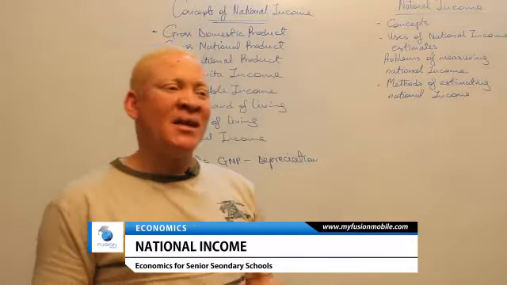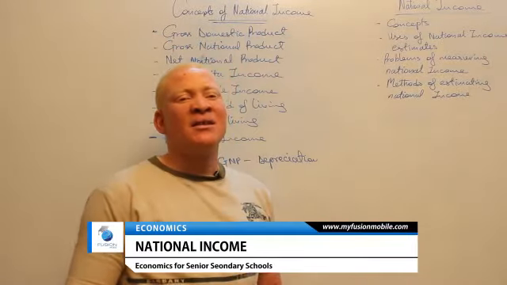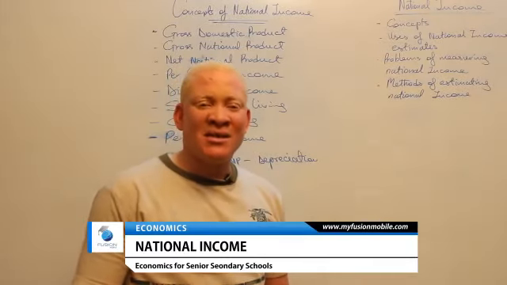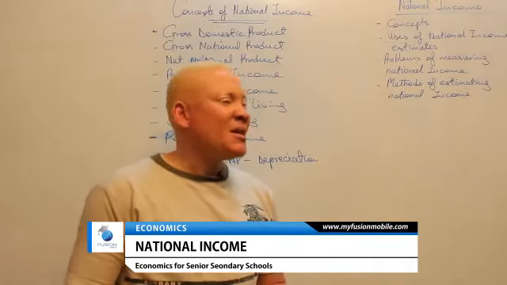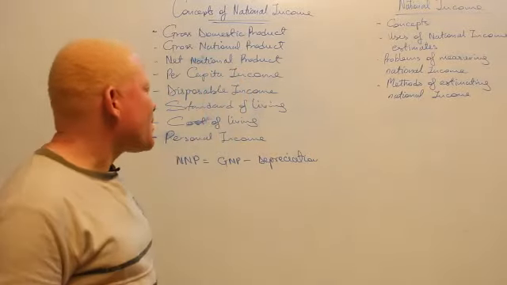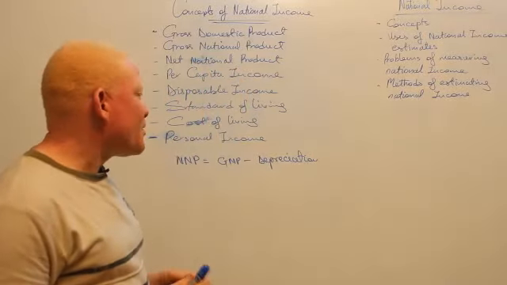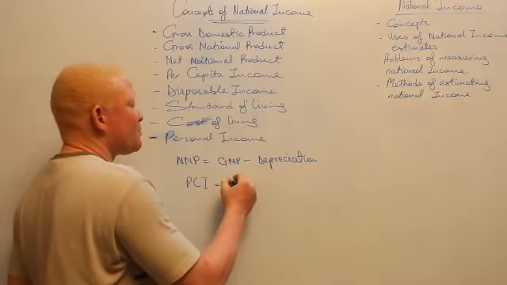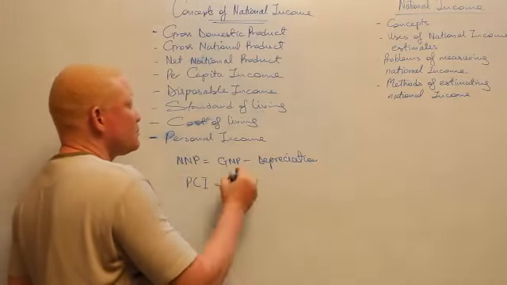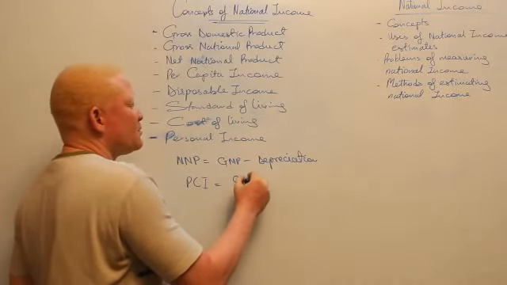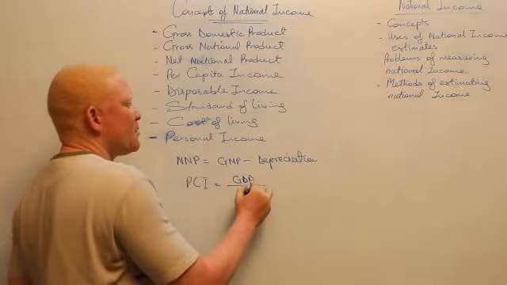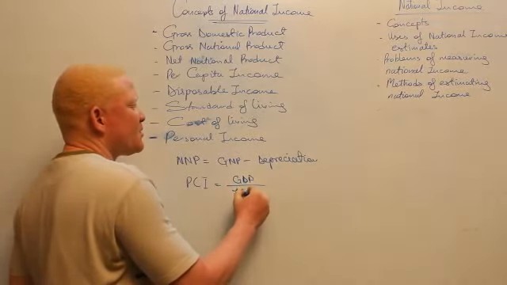That means the income they earn within that year defines what they use to sustain themselves at that time. To calculate per capita income, PCI is equal to GNP, or national income, or GDP, over total population.